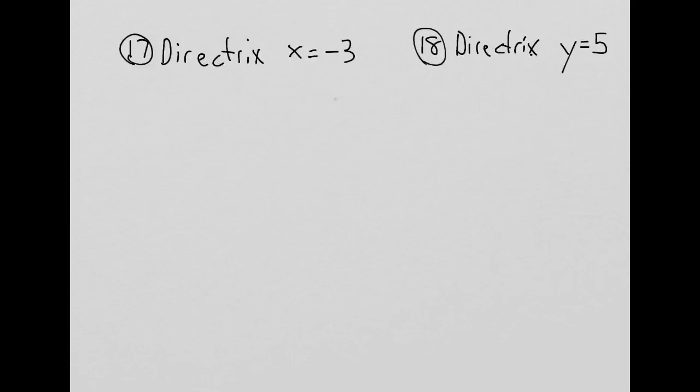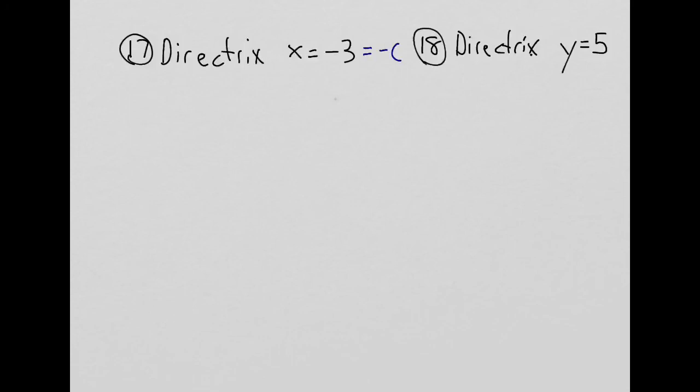If you have a directrix of x is equal to -3, well, if I look at my equations again, this is going to be a horizontal one. And I know that that is equal to -c.